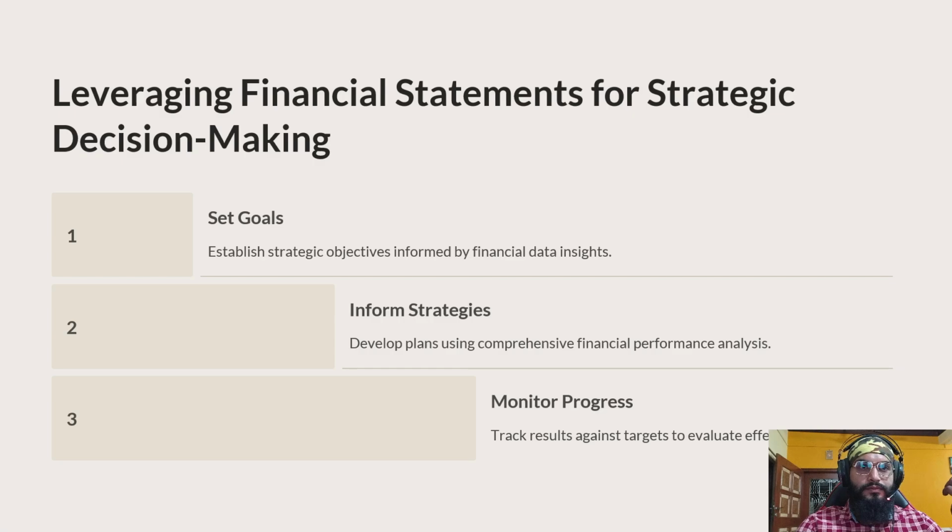So again, financial accounting has three main statements: the balance sheet, the profit loss statement, and the cash flow statement. The balance sheet helps the business to portray their financials.